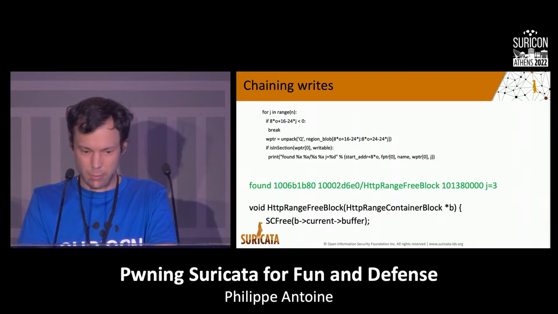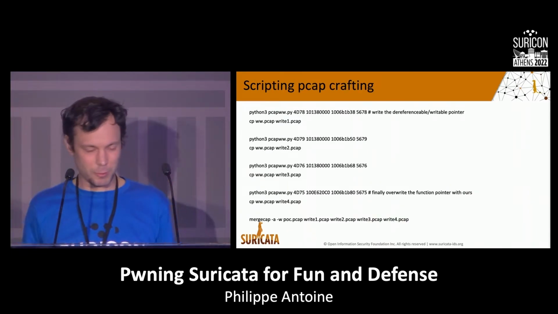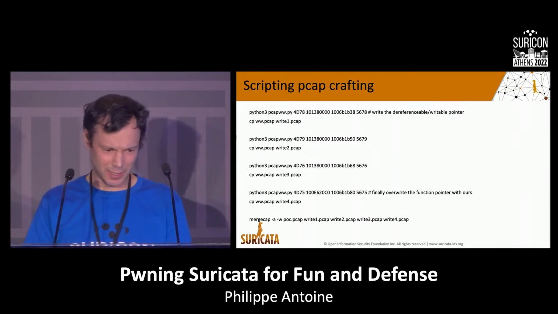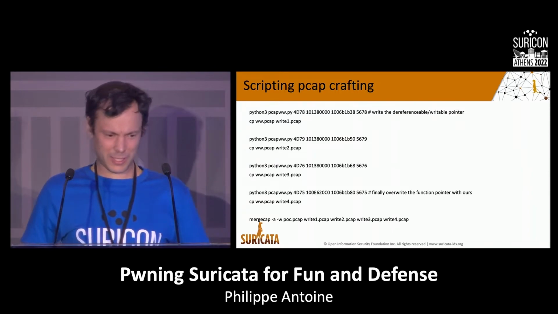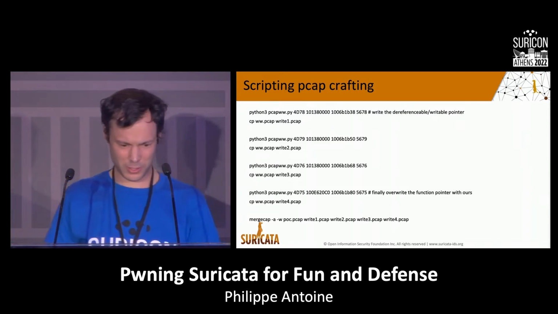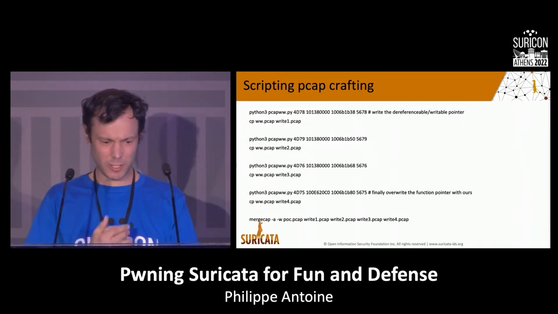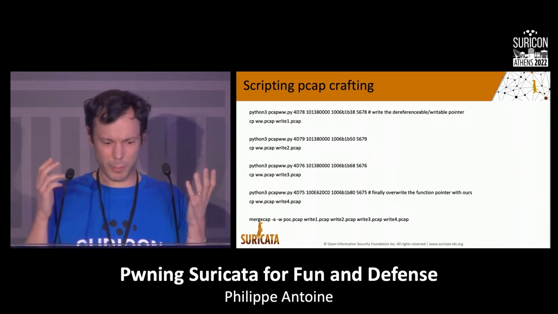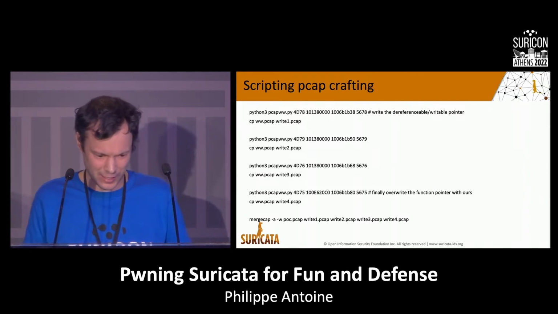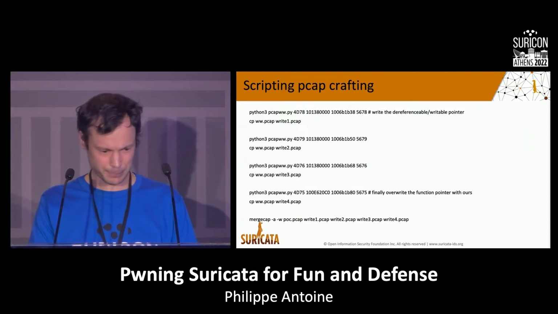Okay, so this made me do ugly scripting, and so I started a bash script that called a Python script that created different pcaps before merging them all together. So each pcap overwrites something, and yeah, in the end I overwrote the function pointer and can use it.